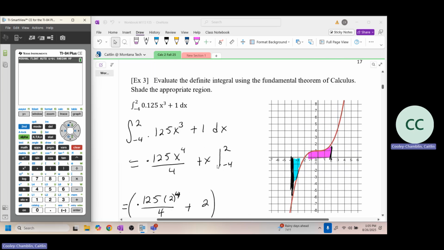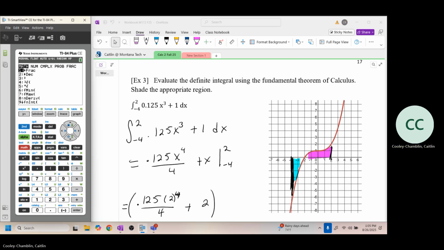All right, so now, fundamental theorem of calculus, your calculator can do. If you hit the math key, which is highlighted in red right now, and you scroll down to number 9, it says FNINT. That's the integral or the antiderivative of a function, or it's a definite integral.